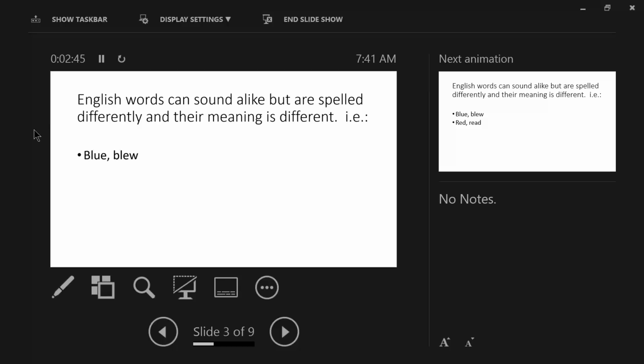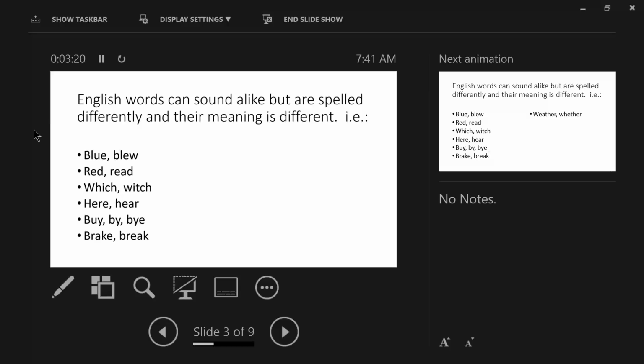For example, blue, the color blue, or I blew my nose. Red, the color red, or I read a book. Witch, or which in the spirit world. Hear, location, here, your ear. Buy something, or by in the sense of going around, or bye as in depart.